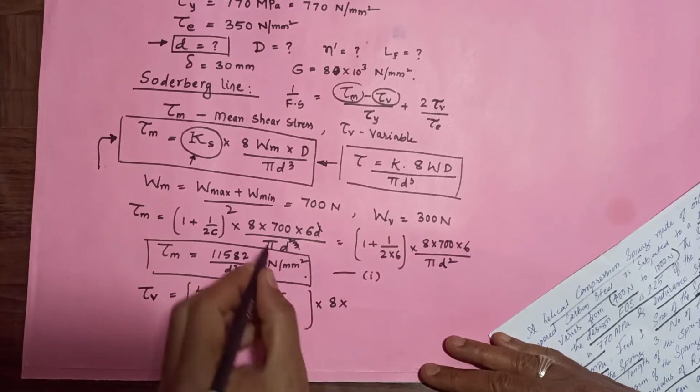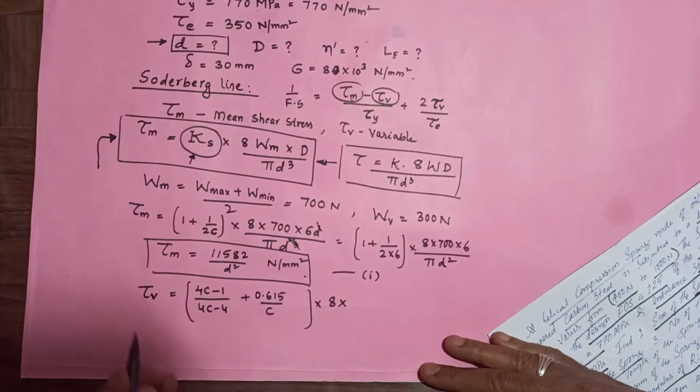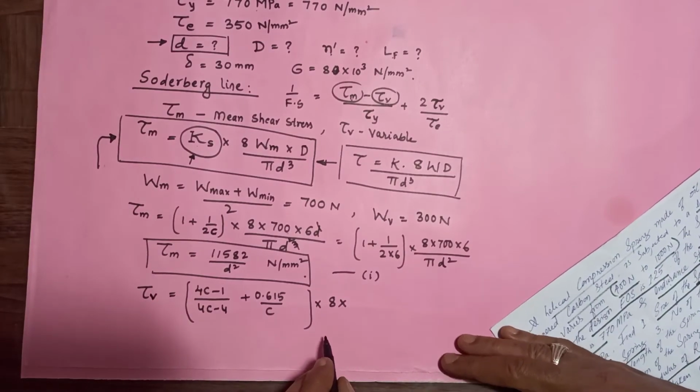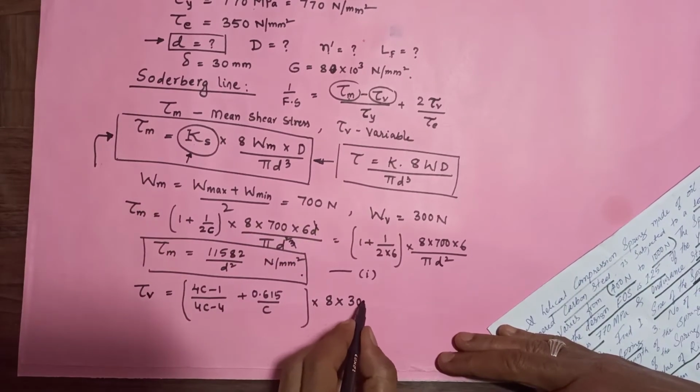Again 8, this Wm will now be Wv because we are calculating the variable shear stress. So Wv is 300 into D.